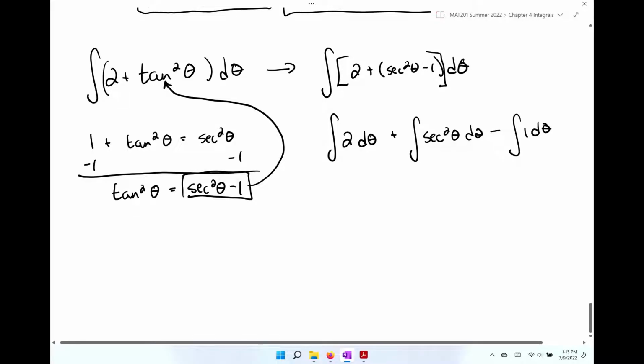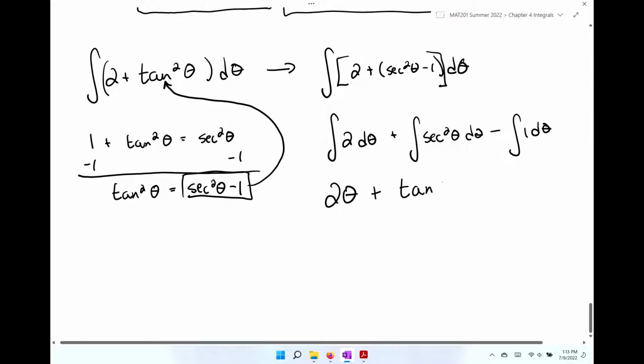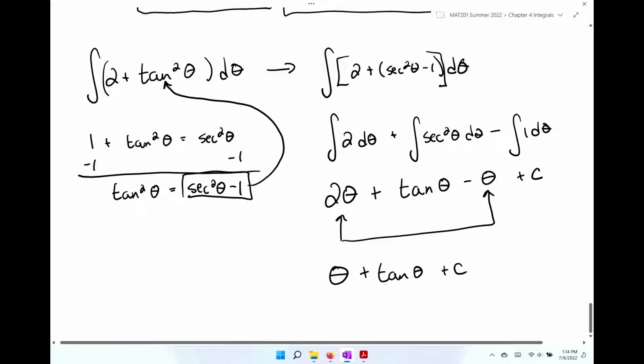So we got the integral of 2, which is 2 theta, plus the integral of secant squared theta d theta, which we know to be tangent theta, minus the integral of 1 d theta is theta, plus a constant. And I didn't even see this when I was doing this, but those are like terms right there. So you can group them together. So we're going to get theta, it's a horrible looking theta, plus tangent theta plus c.